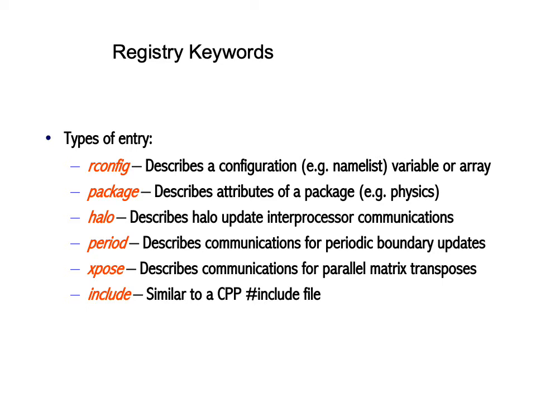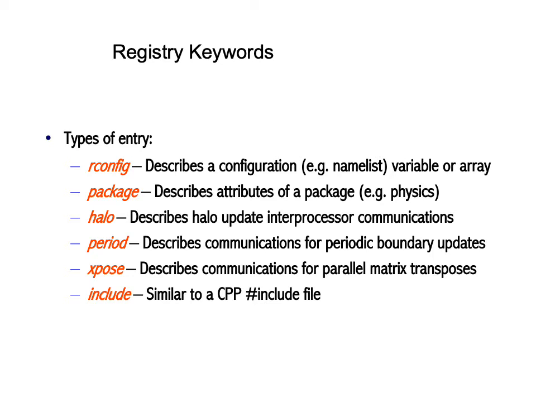Halo describes the way that information is set up on the neighboring grid cells where rows and columns of one neighbor are shared with a next door neighbor. Period is very similar to halo, except that for periodic boundary conditions, we have information that leaves the eastern boundary comes in on the western side. Information that leaves the northern part of the boundary comes in on the southern side.